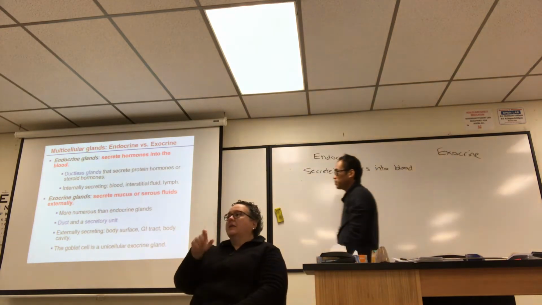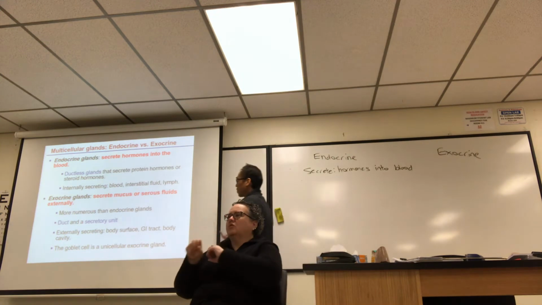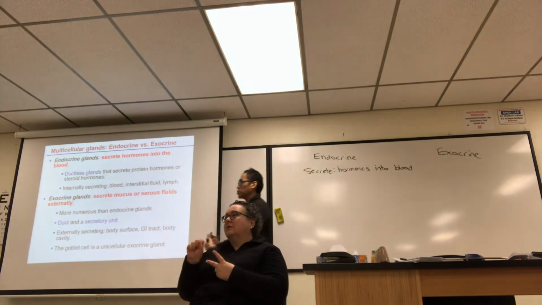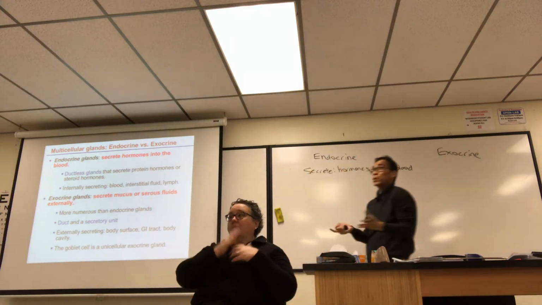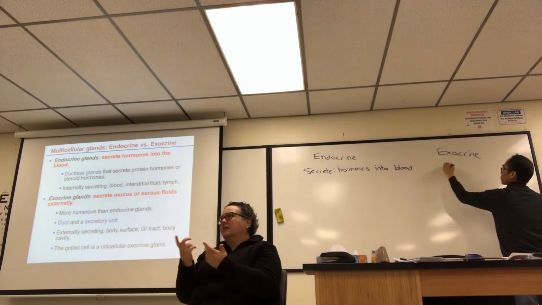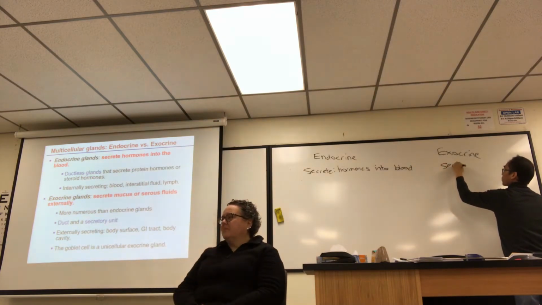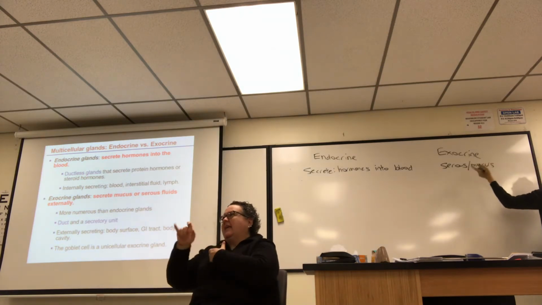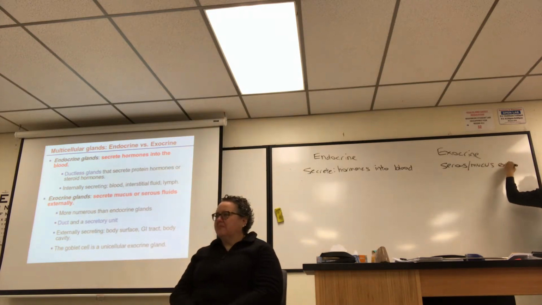Exocrine function means you secrete something else. As an example, I say mucus or serous fluids, and you don't secrete it into the bloodstream. You secrete it externally into something or onto something. So serous or mucus externally.